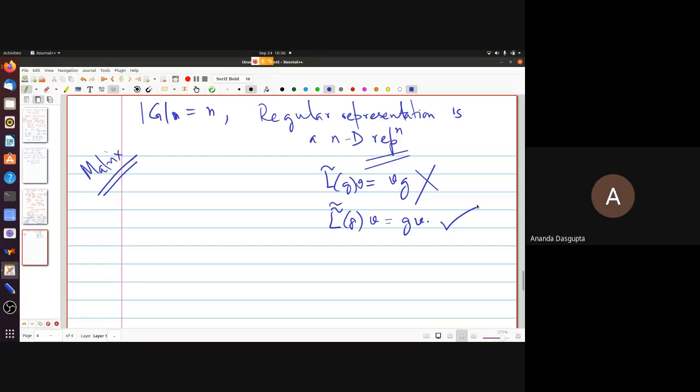But I will urge you to think of another reason why you don't really have two representations. You might say, I've chosen this one as the regular representation, I've ignored the other, which is fine. But you should also worry about why we can't have two regular representations, or one regular, one some other name representation of the same dimension, which automatically comes with the group.